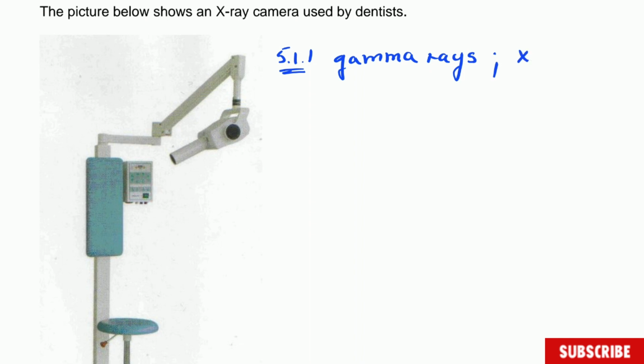Second is going to be the X-ray. That one is the second one. Then is ultraviolet radiation. Then is the infrared, and then is the radio wave.